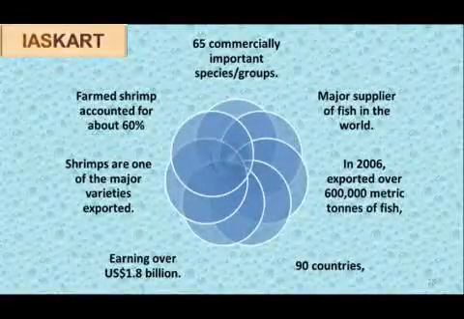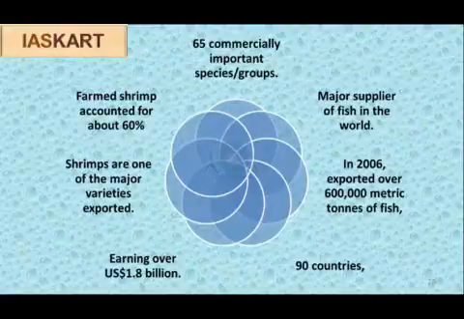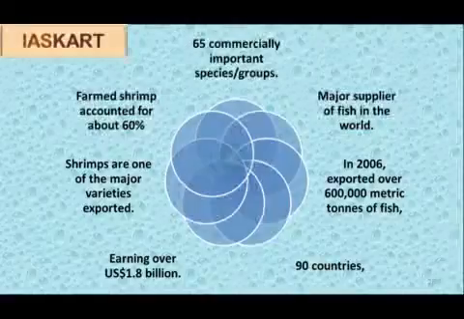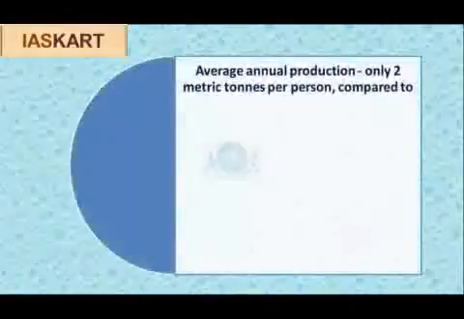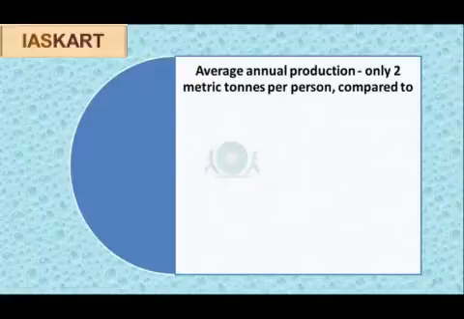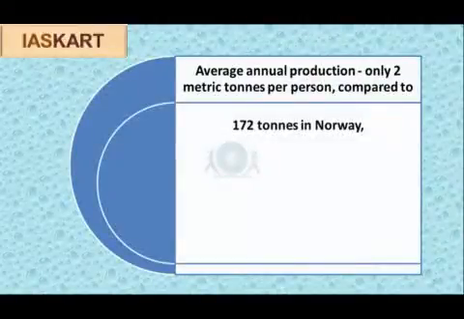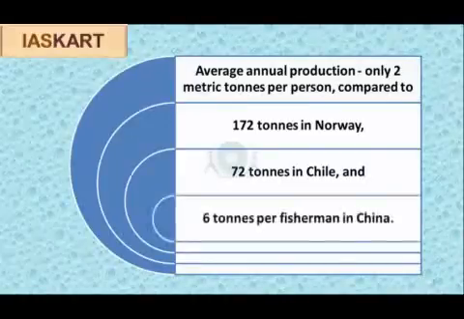Fish as a food, both from fish farms and catch fisheries, offers India one of the easiest and fastest ways to address our country's malnutrition and food security problem. Now, despite the rapid growth in fish production in India, the average annual production in India is only 2 metric tons per fisherman, as compared to 172 tons in Norway, 72 tons in Chile, and 6 tons per fisherman in China.